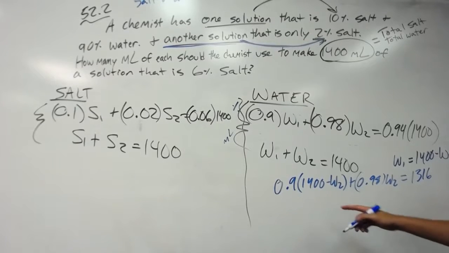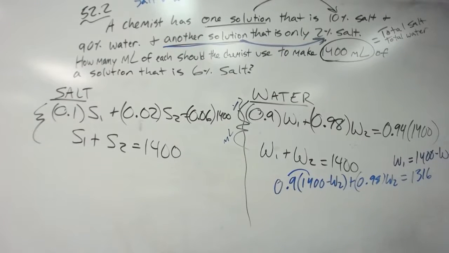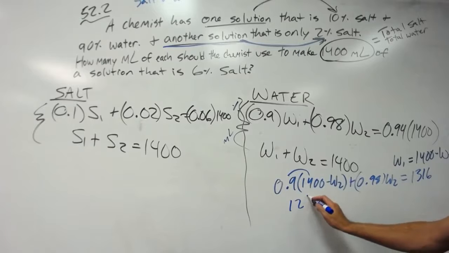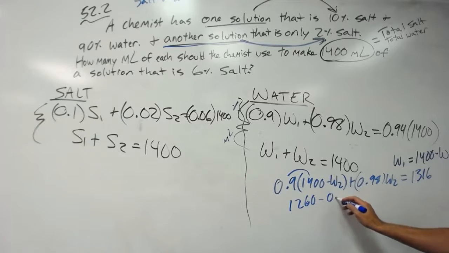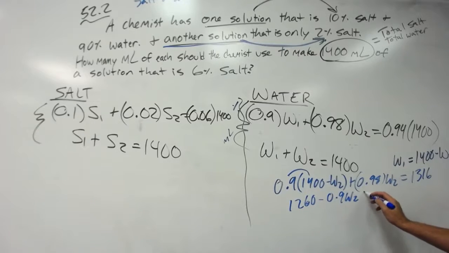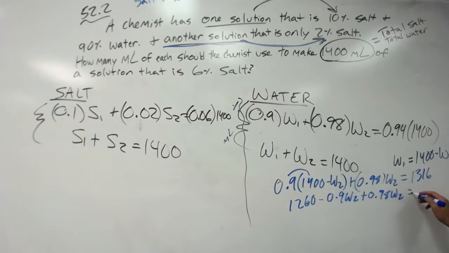And now we continue to solve. 0.9 times 1,400, 1260, minus 0.9 W2 plus 0.98 W2 equals 1316.